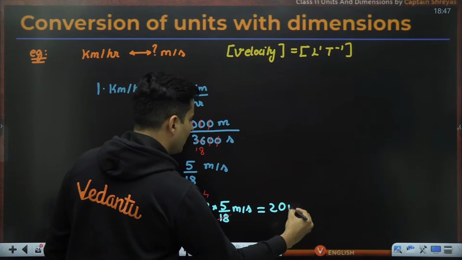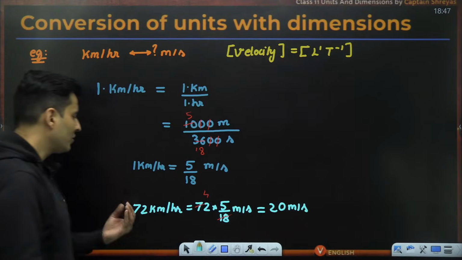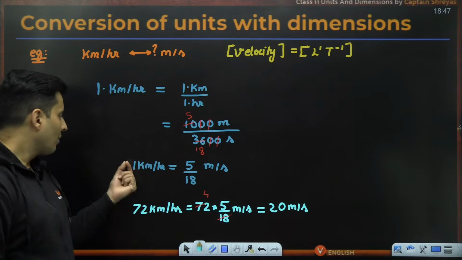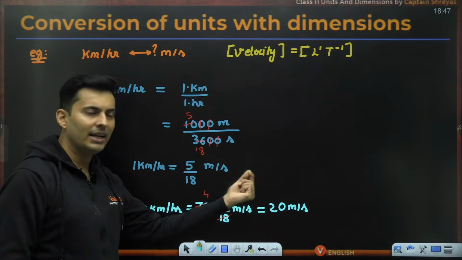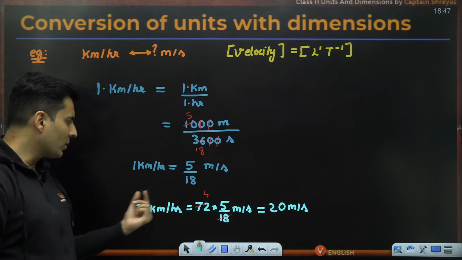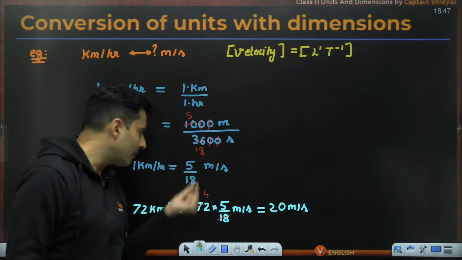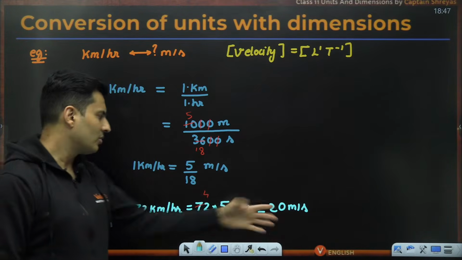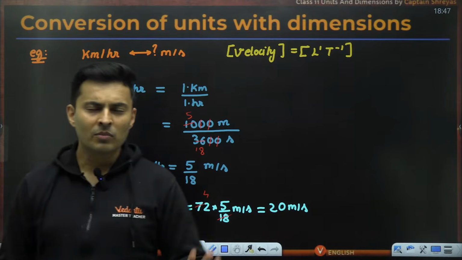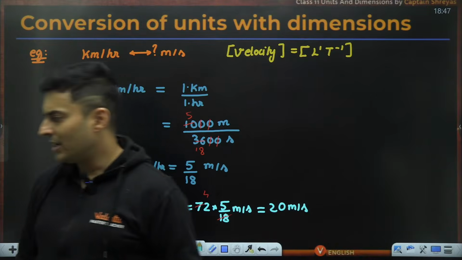So that will be 20 meters per second. So you can easily do that conversion. 1 kilometer per hour is 5 by 18 meters per second. So 72 kilometers per hour will be 72 times 5 by 18 meters per second. So you can do the math and you can get the answer. So this is how conversions can be done.